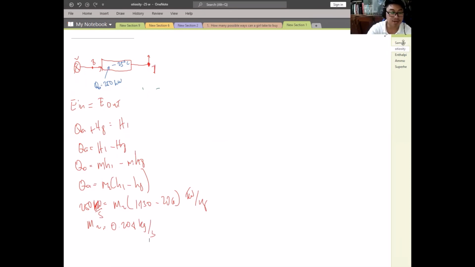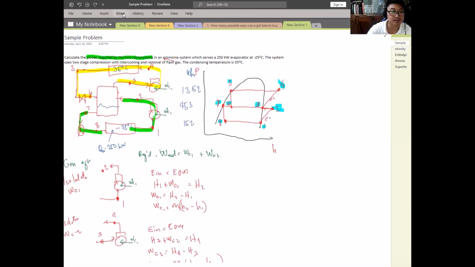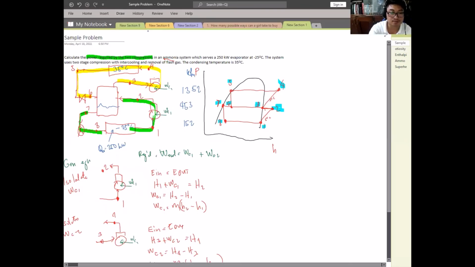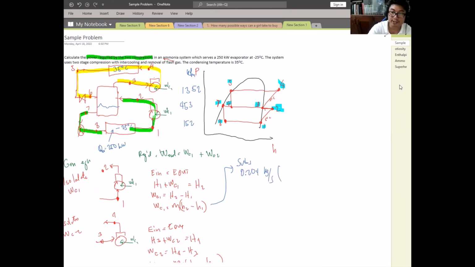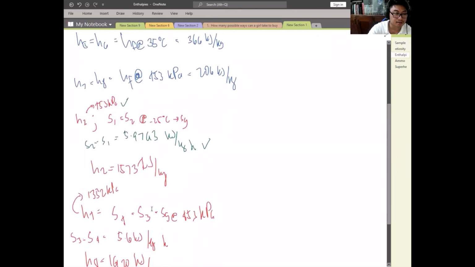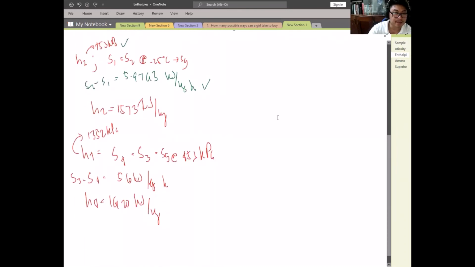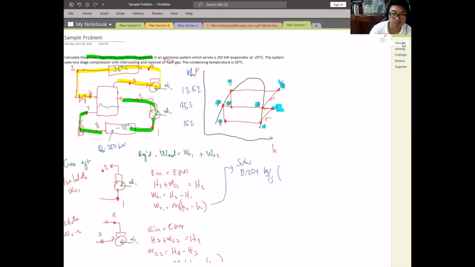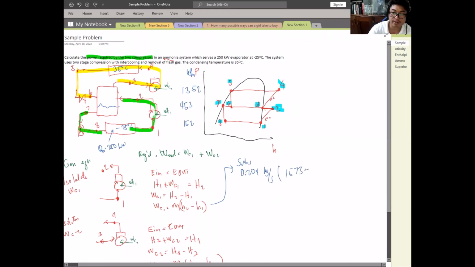Then, let's substitute to get the work of the compressor 1. So 0.204 is our mass flow rate, 0.204 kilogram per second. H2 is 1573, minus H1.